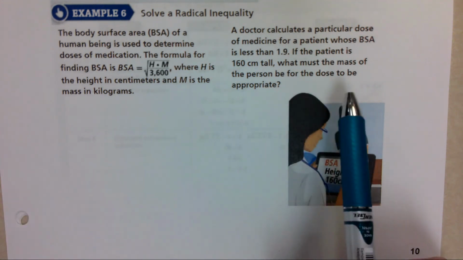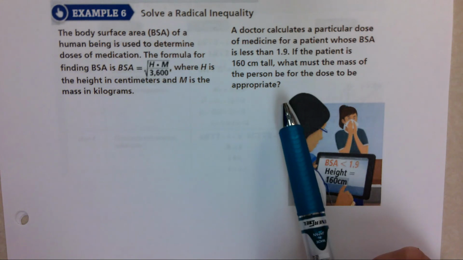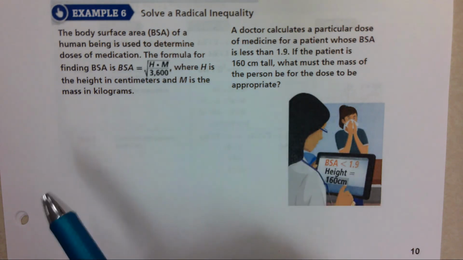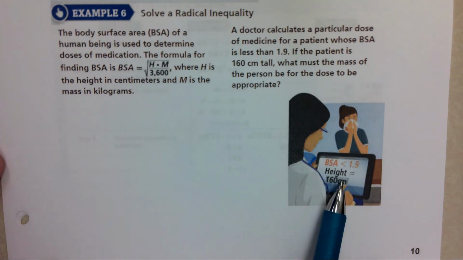A doctor calculates a particular dose of medicine for a patient whose BSA is less than 1.9. If the patient is 160 centimeters tall, what must the mass of the person be for the dose to be appropriate?